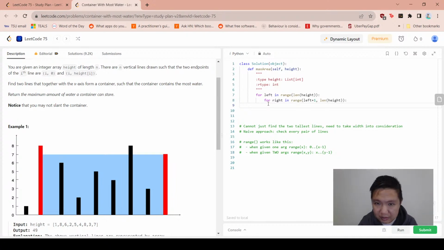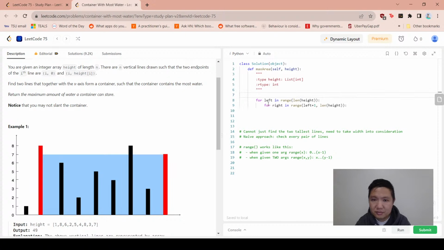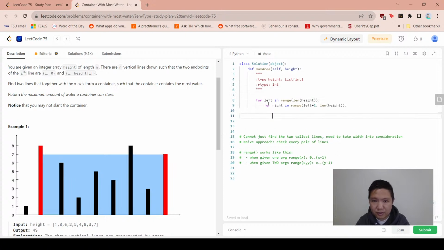So left to right, we have a way for calculating how much water there is. Here, this is actually good programming practice in general, to put things in small intuitive units.